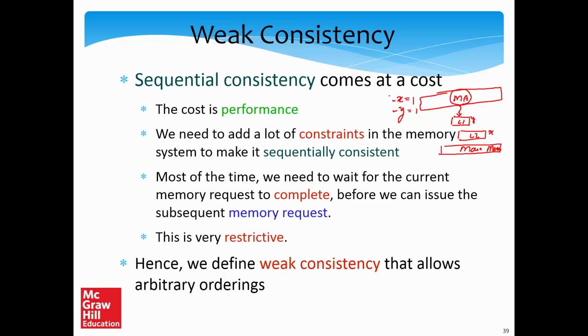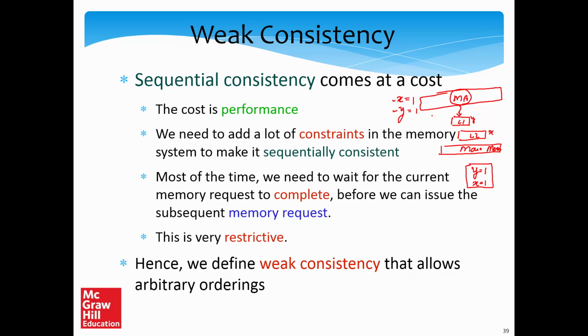He will essentially perceive the order as first y was updated and then x was updated. So mind you, in this case, of course, you are gaining additional performance in the sense that you're able to reorder these writes and you're not waiting for this write to complete. But yes, it comes at a certain cost.